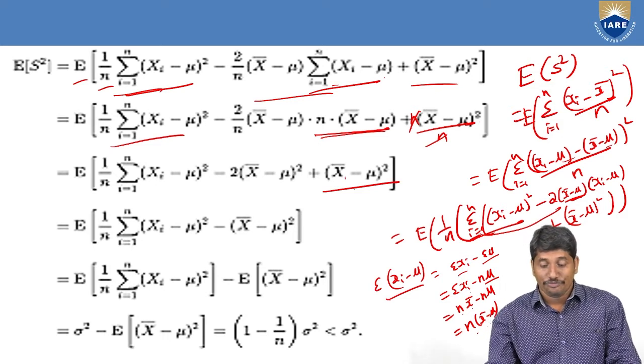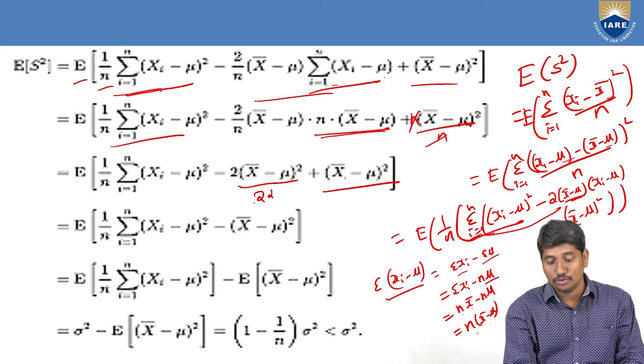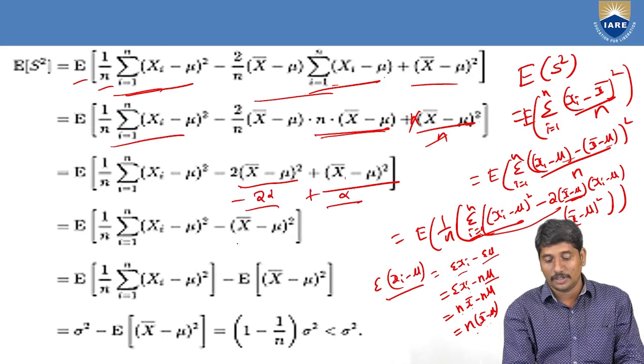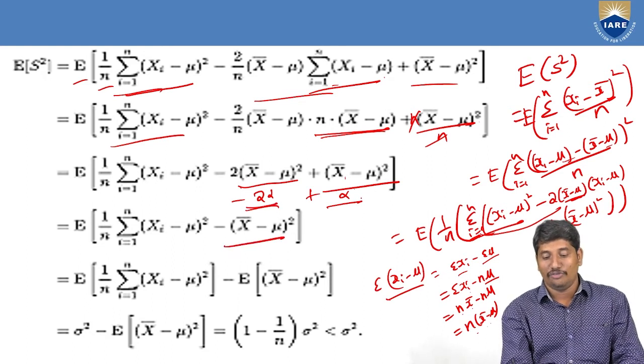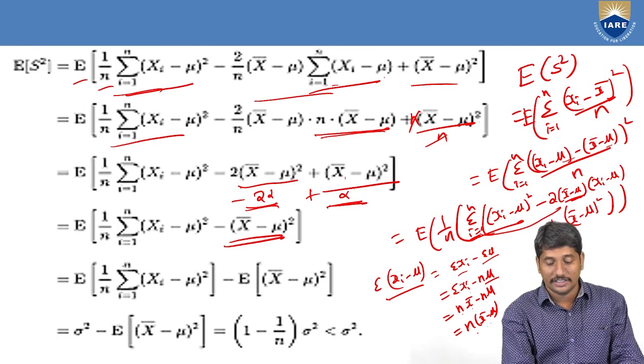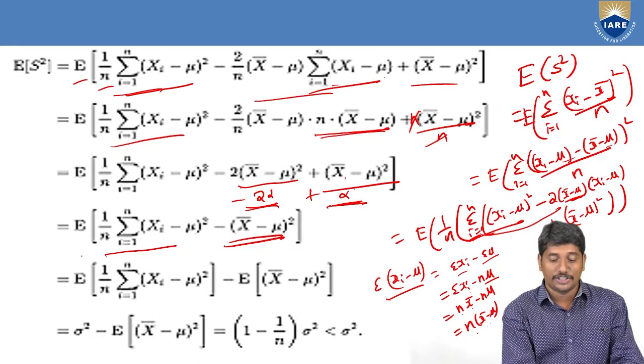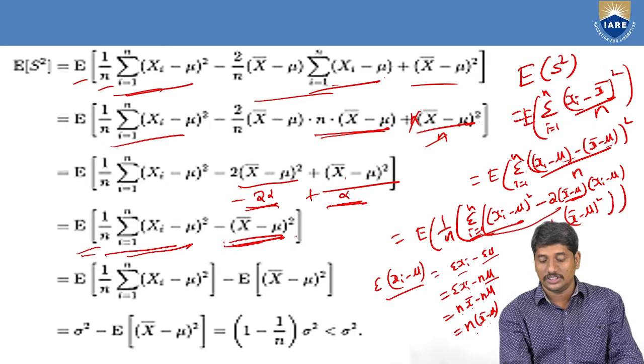Now this is like minus 2 alpha and this is like plus alpha, so minus 2 alpha plus alpha becomes minus alpha. So finally we arrived at this step: 1 by n summation (xi minus mu) whole square minus (x bar minus mu) whole square. Let us separate the expectation of this summation minus expectation of this.